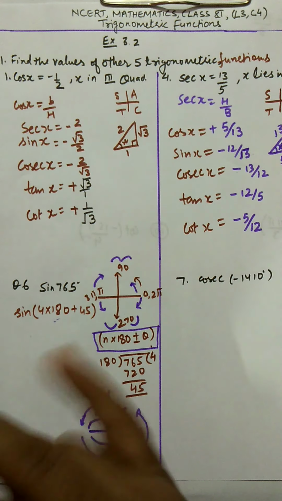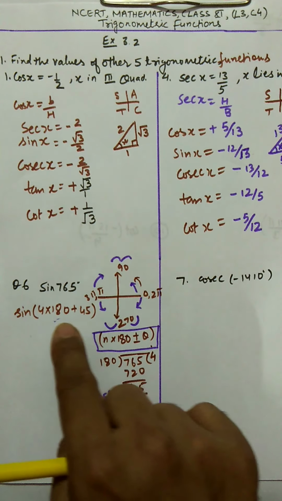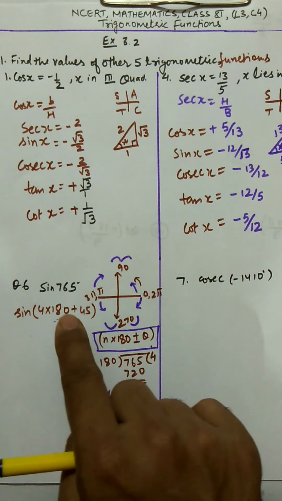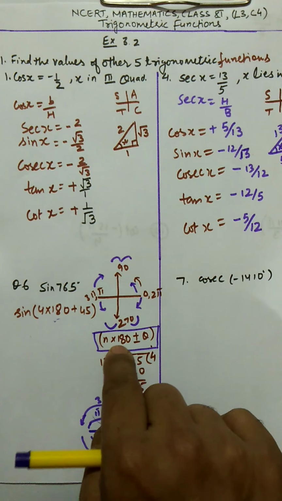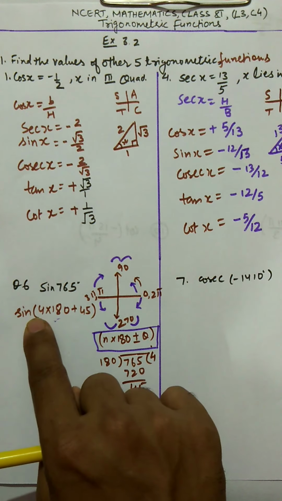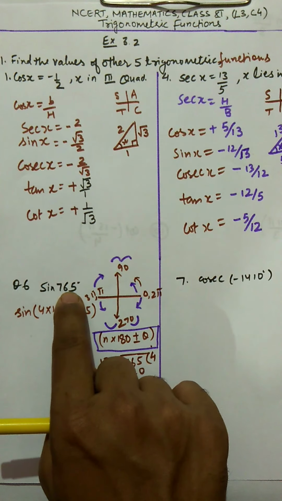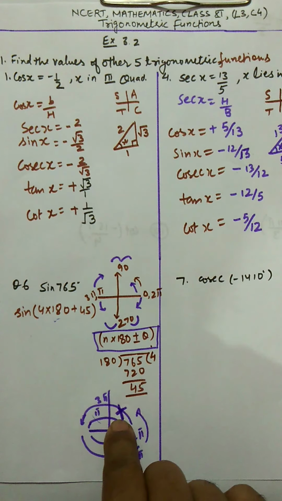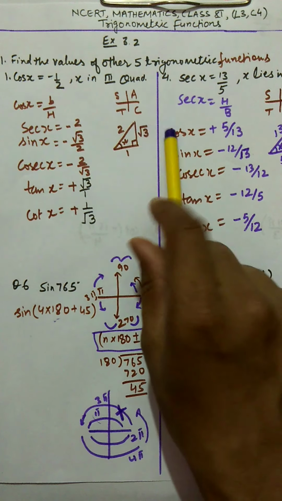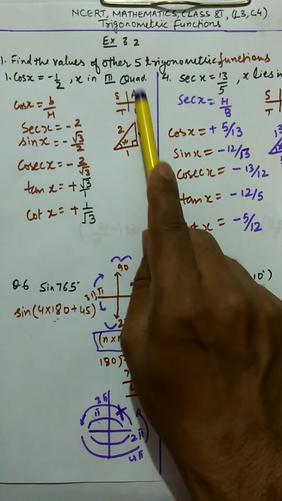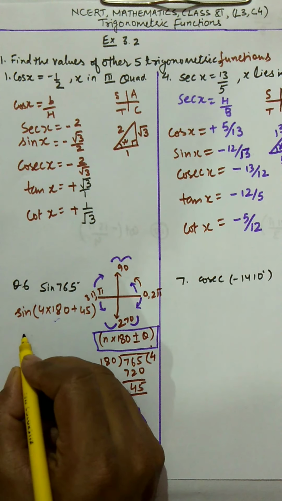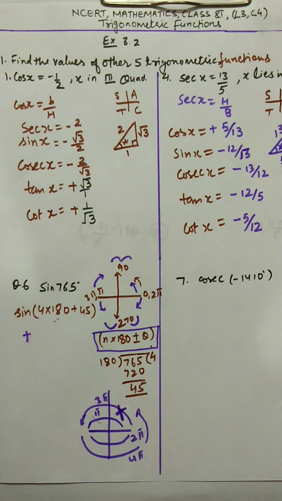So there are two things that you have to take care of after writing this 765 in this form. The first is whether this angle is in the first quadrant. In the first quadrant, as you have seen, all trigonometric functions are positive. So first we are going to have the answer as positive.